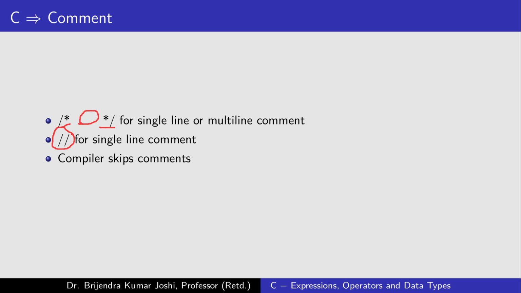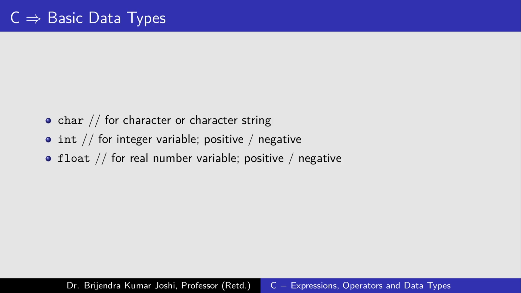It has been perhaps taken from C++. So double slash is used to specify a single line comment. Compiler skips the comments from the source file before starting the compilation.